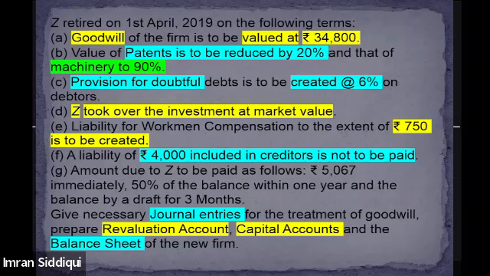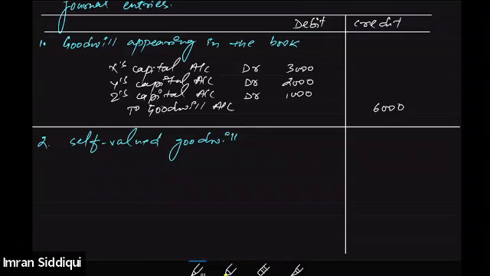So total goodwill of the firm was 34,800. Z's share of goodwill will be 34,800 into 1/6.